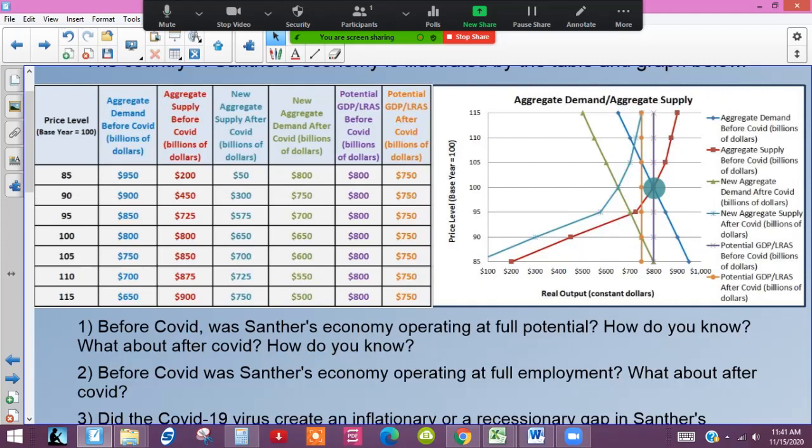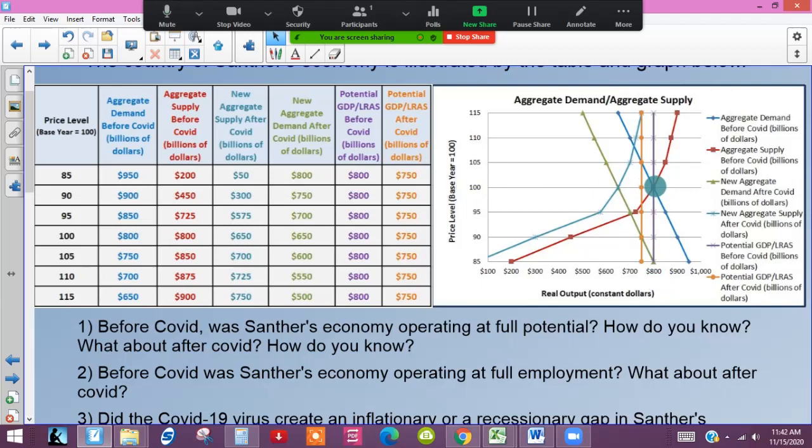So you know, because where the aggregate demand intersects with the aggregate supply is also intersecting with the long run aggregate supply curve. So we're at the potential at a price level of 100 and an output of 800 billion right there.